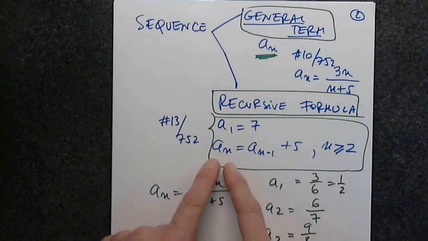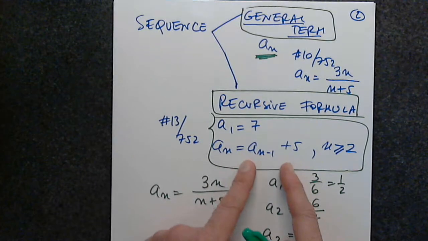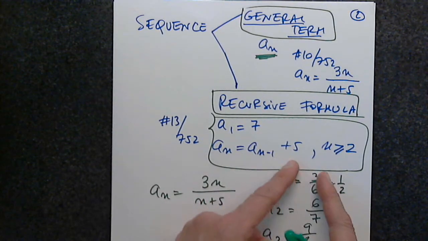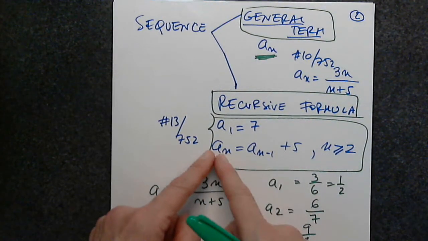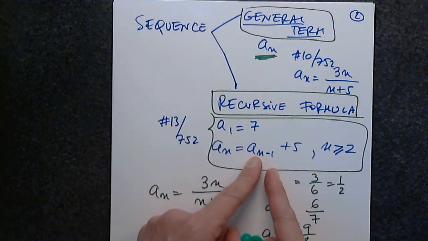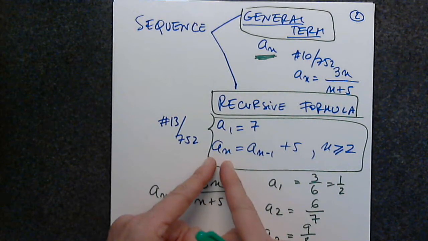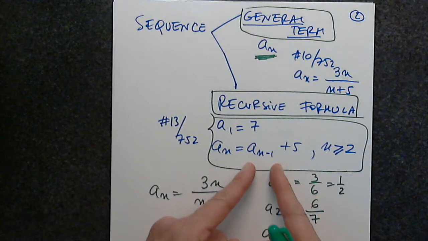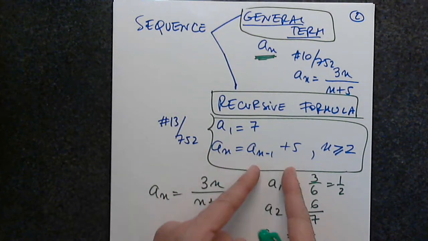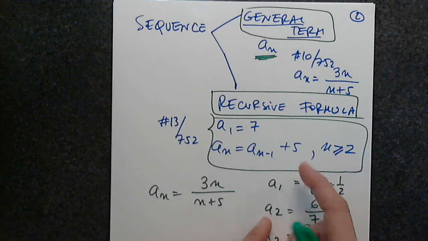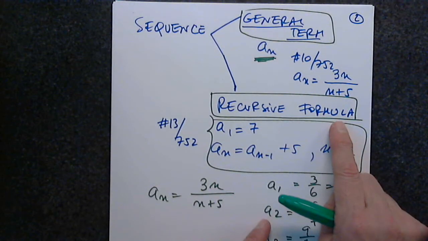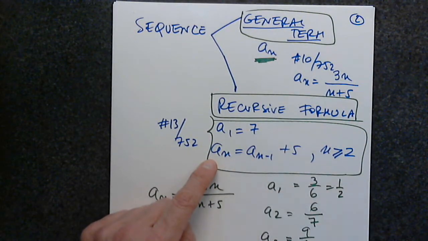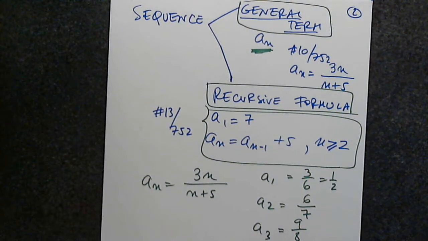What about a10? A10 will equal a9 plus 5. So I cannot determine a10 unless I determine the previous one. I cannot determine the 5th term of the sequence unless I determine the 4th one. I cannot determine the 4th if I don't determine the 3rd, and so on and so forth. So it's a recursive formula. We still have the general term, but given in an indirect way.